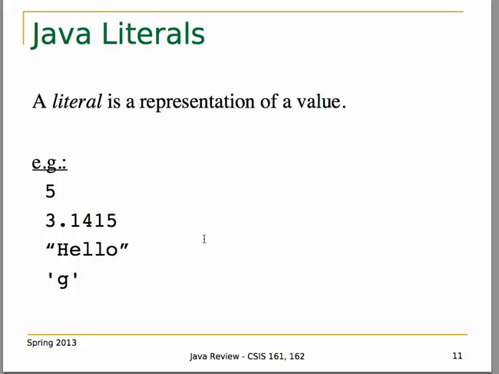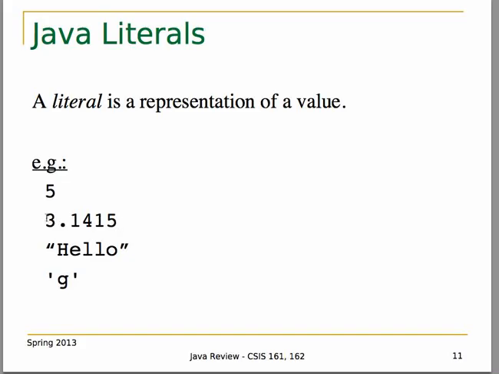We only have finite precision in Java, and we cannot actually have every single real number represented as a floating point number because there is an infinite number of real numbers. There's no way computers can represent that. You would take all of the memory of all of the computers in the world and still not be able to represent all real numbers because there's an infinite number of them.